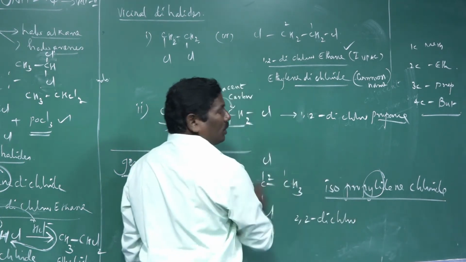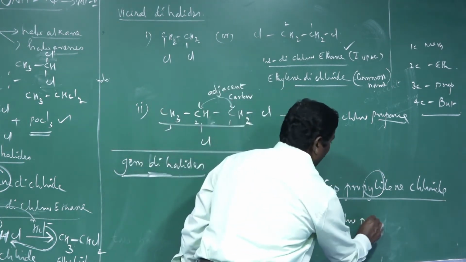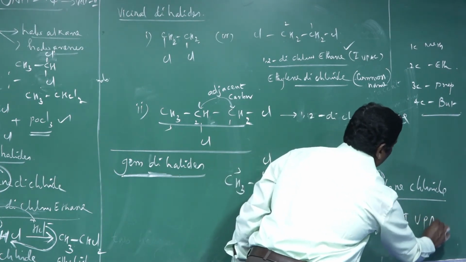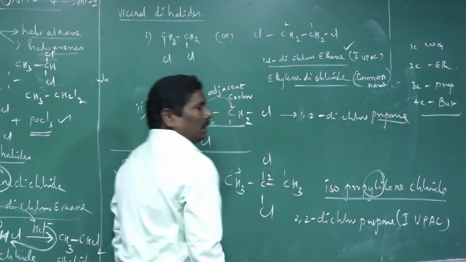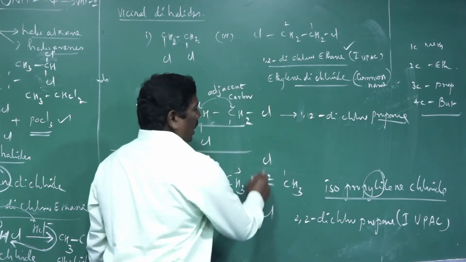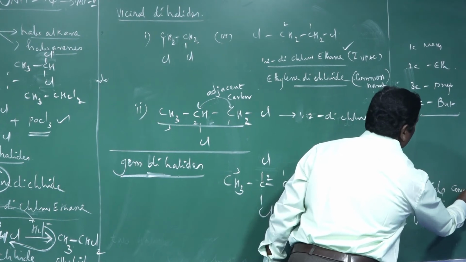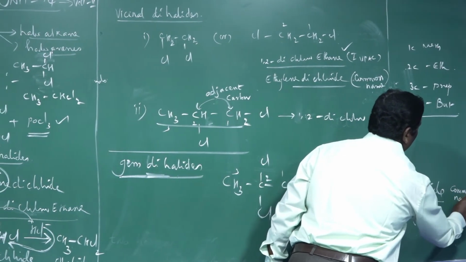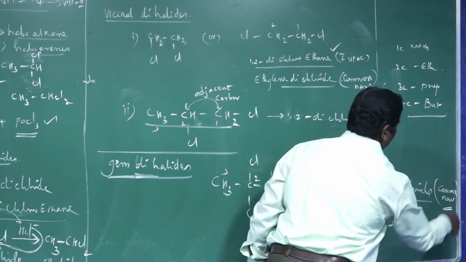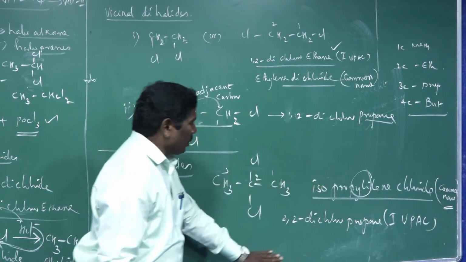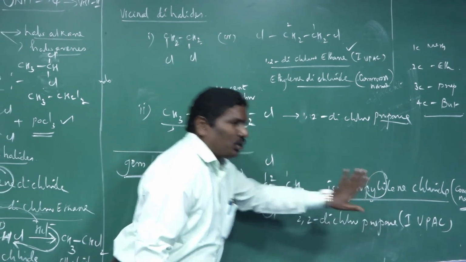That is the straight chain containing 3 carbons, so propane is the IUPAC. The common name is isopropylidene chloride. 2,2-dichloropropane is the IUPAC name.